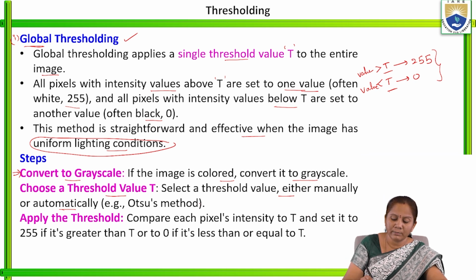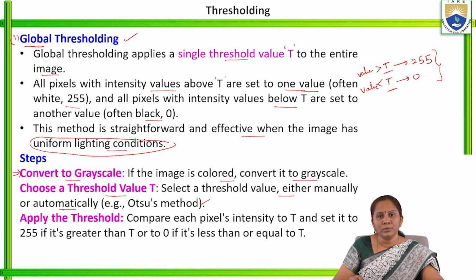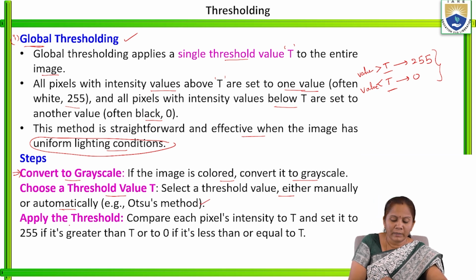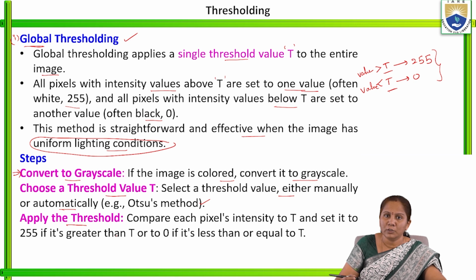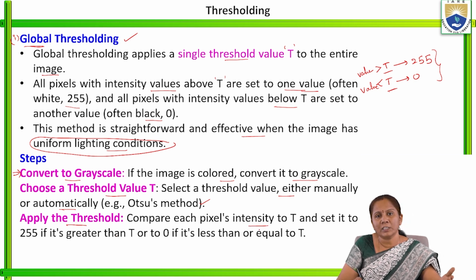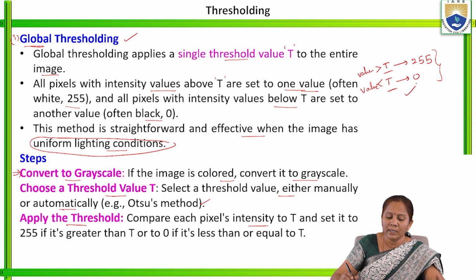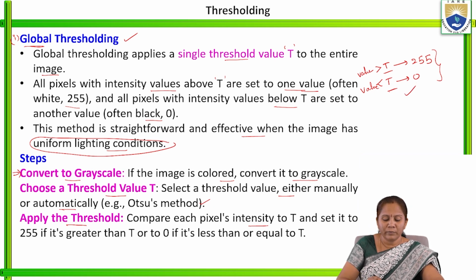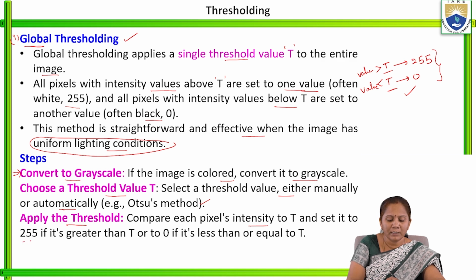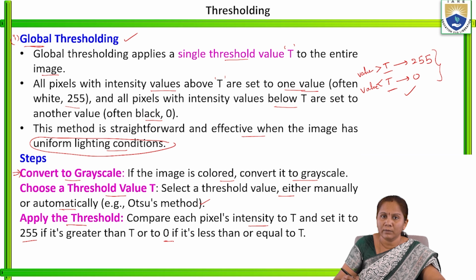Automatically it can be done by applying Otsu's method. And then we have to apply the selected threshold value. So compare each pixel intensity with respect to the threshold value T and set it to the values 0 and 255 based on these conditions. If it is greater than T, set it to 255. If it is below T, set it to 0.